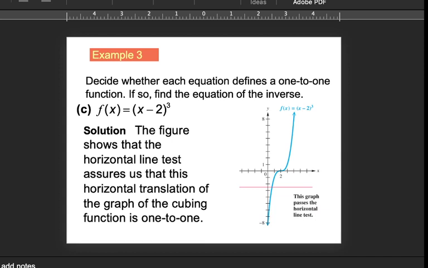So you have to take the cubic root of both sides. If we do that, moving along, we will have the cubic root of x equals y minus 2, and we would just add 2 to both sides.